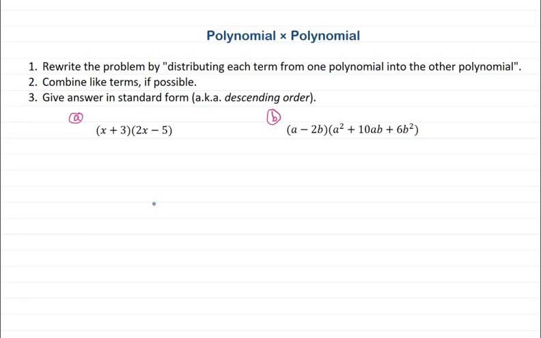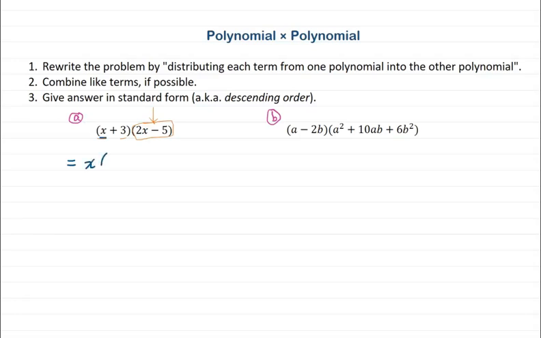Now, in example A, we have an example of what we did in the last video, where we took each term in the first polynomial, or binomial in this case, and we set it up to be distributed into this second polynomial. So let's take a look at what that looks like. Let's go to another step, and first we'll take x.